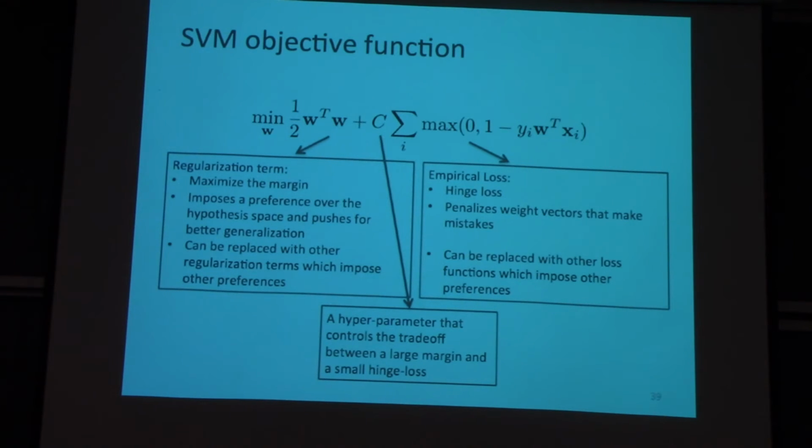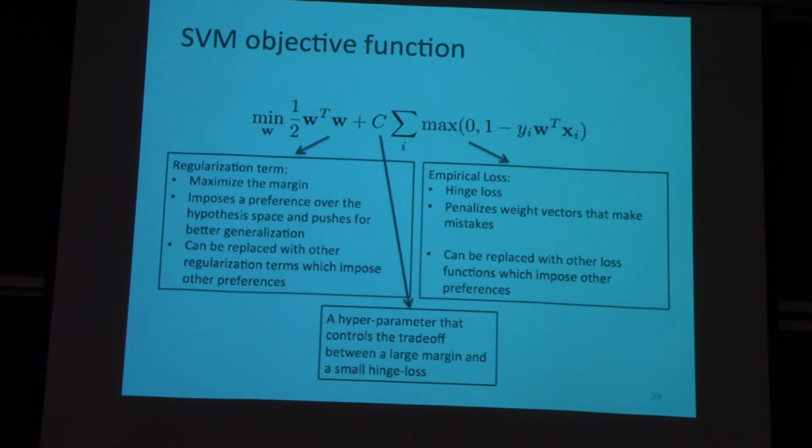So go back to SVM. The first term is one example of a regularization term, one of the regularizer. And the second term is one example for empirical loss. So the first term here is called the L2 regularization.